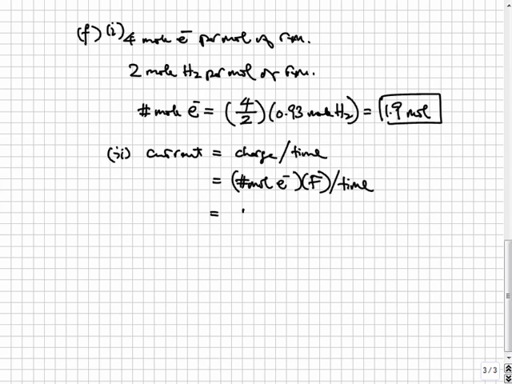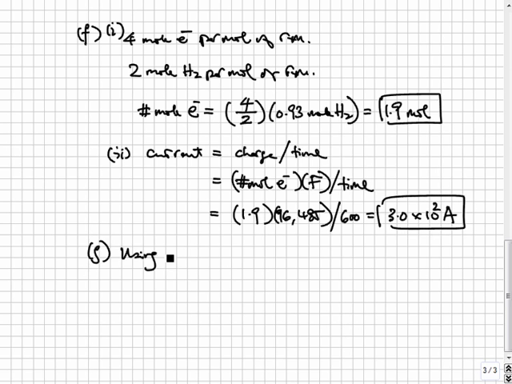We take 1.9 mole of electrons from part 1. We multiply it by the Faraday's constant, which is 96,485 coulombs per mole. And we divide by the total time, which the problem gives us as 600 seconds. And the total current turns out to be 3.0 times 10 to the 2 amps.